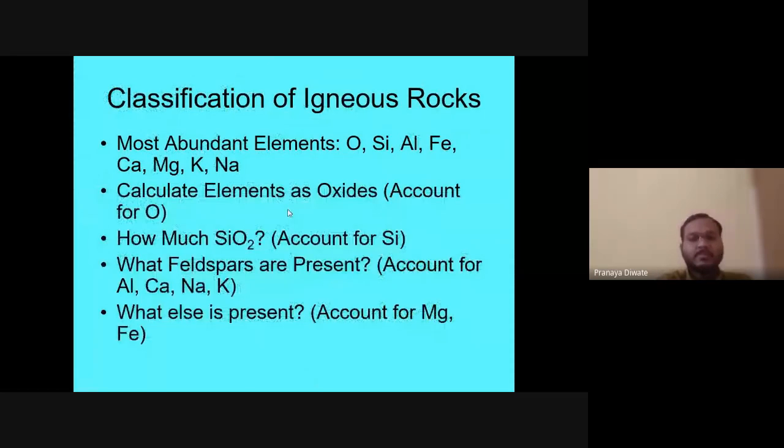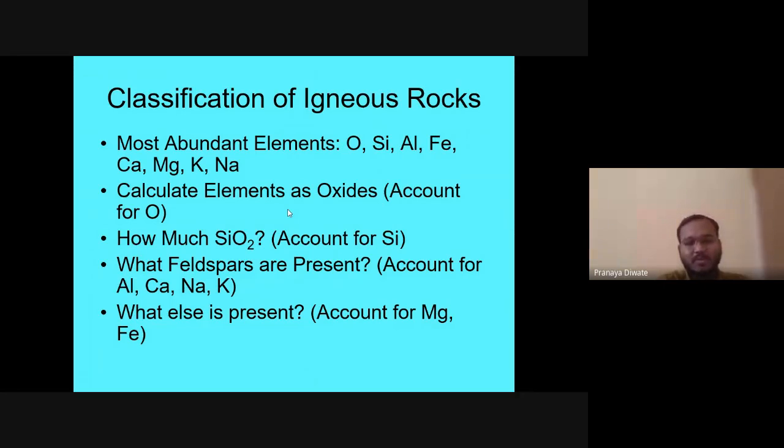Then you have a classification of igneous rock. The first is a genetic classification. Then you have different kinds of criteria for classification. The most abundant elements on earth are oxygen, silicon, aluminum, ferrous iron, calcium, magnesium, potassium, and sodium.